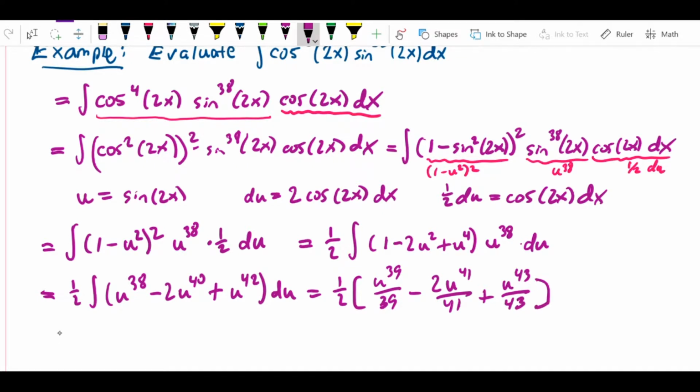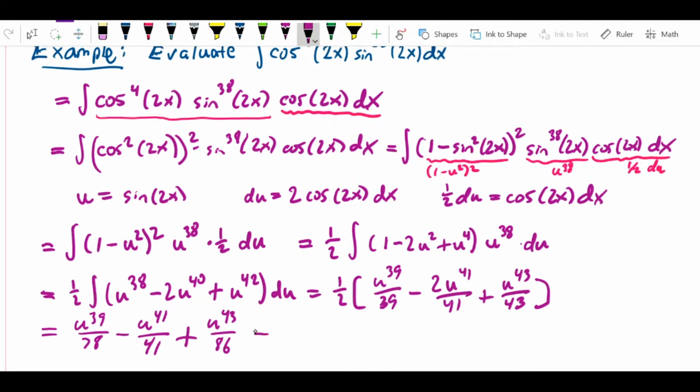We'll go through a little more simplification. This becomes u to the 39th over 78 minus u to the 41st over 41, because the 1 half takes the 2 out. And then we have u to the 43rd over 86.